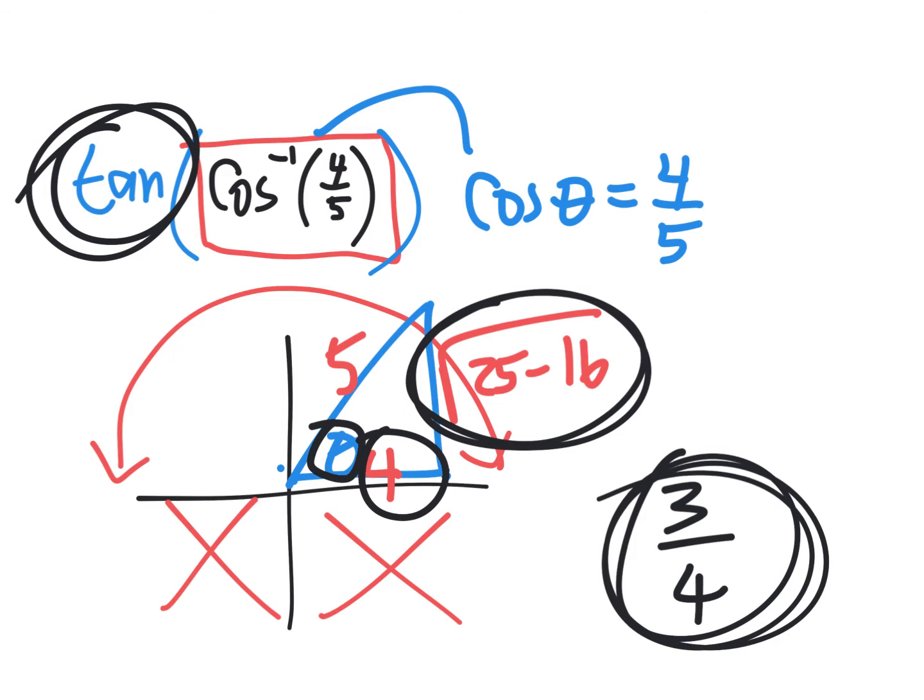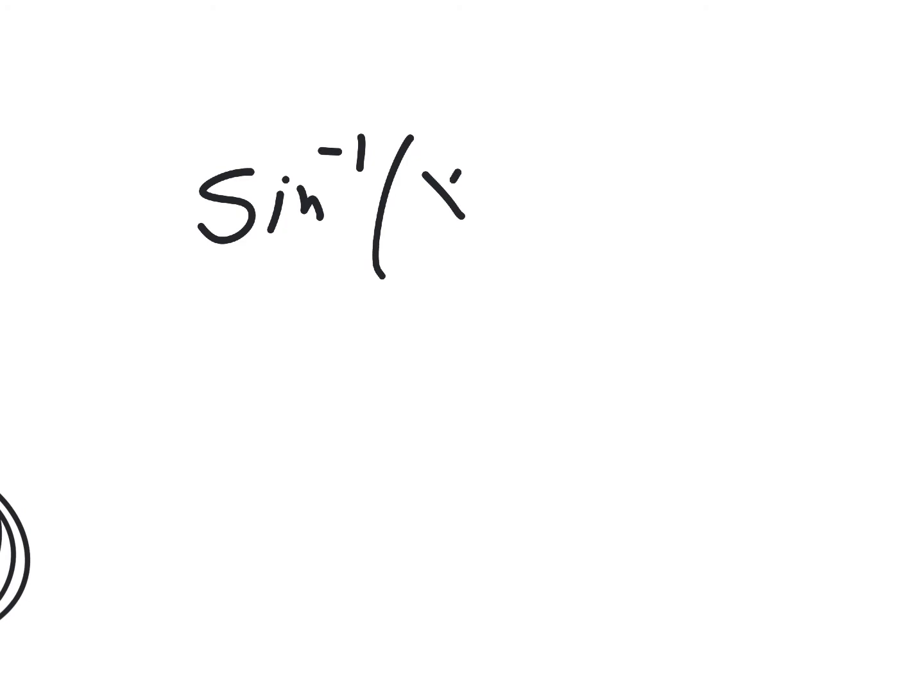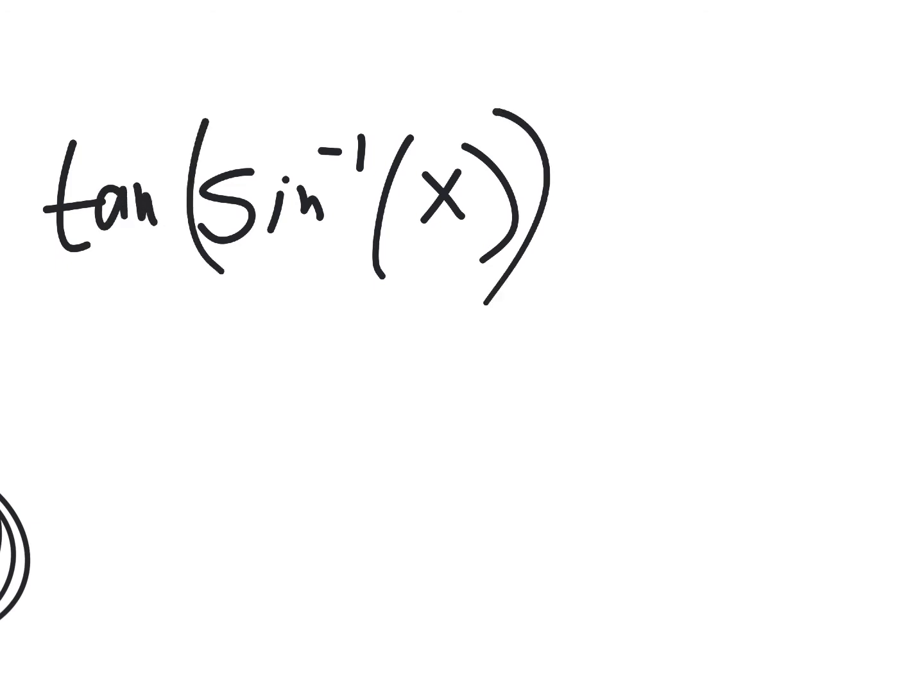So how does it get harder? Imagine for a moment that we had, let's do inverse sine this time, of x. And then I want tangent of that. I feel like this isn't that hard, but a lot of people don't see that this is actually two sides, x over 1. So you can label two of the sides of your triangle, and therefore can't you figure out the third side?